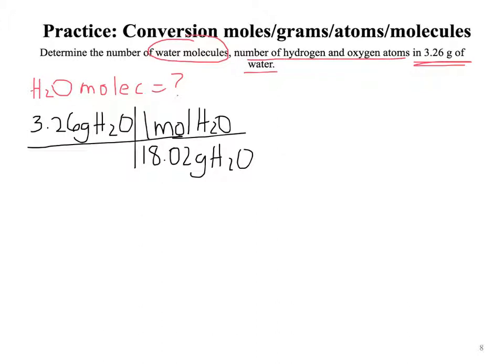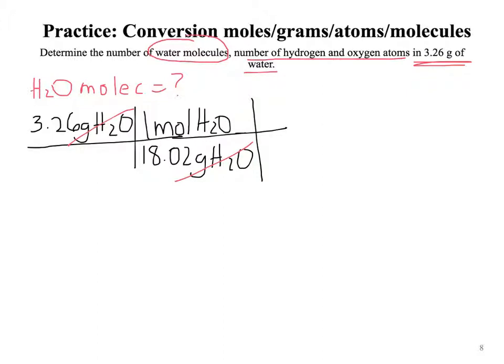Right? And then I continue. I know the grams of water cancel. I got 18.02 by finding the molar mass of water. I'm not going to do it again because at this point you should be okay calculating molar mass. If not, I would go back and practice that over and over again.